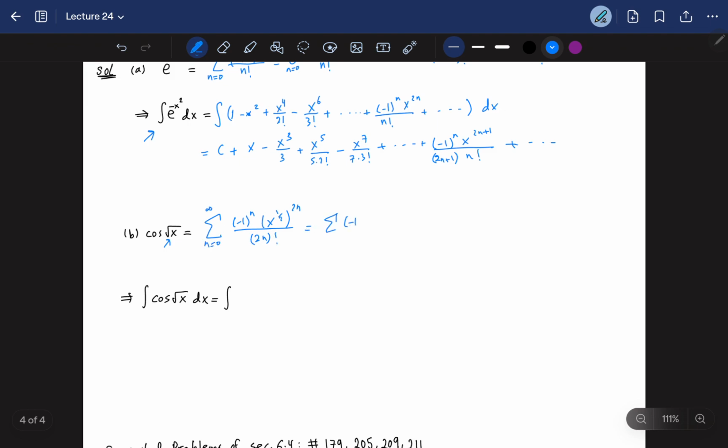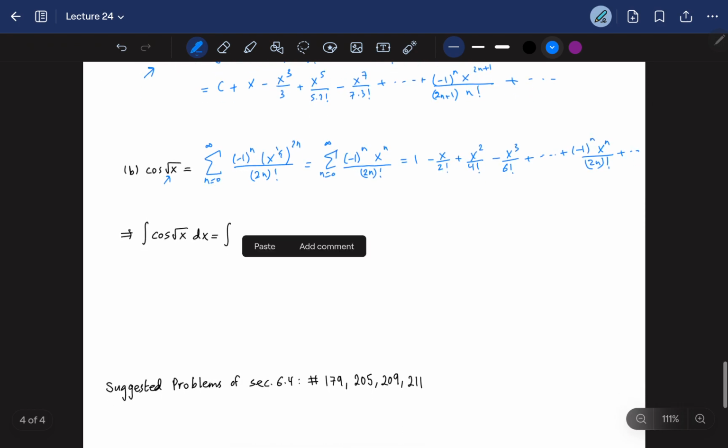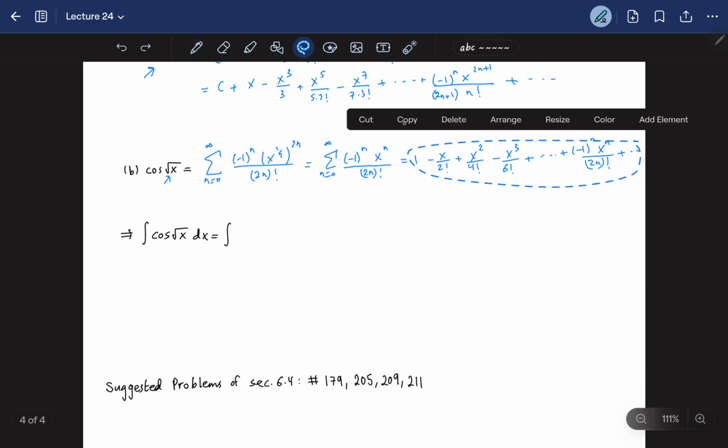If we simplify and then expand, you'll have this expanded form, 1 minus x over 2 factorial, plus x squared over 4 factorial, minus, and so on up to infinity. Now, if we want to find the integral of this, you just take the expanded form of the power series and integrate each term separately.